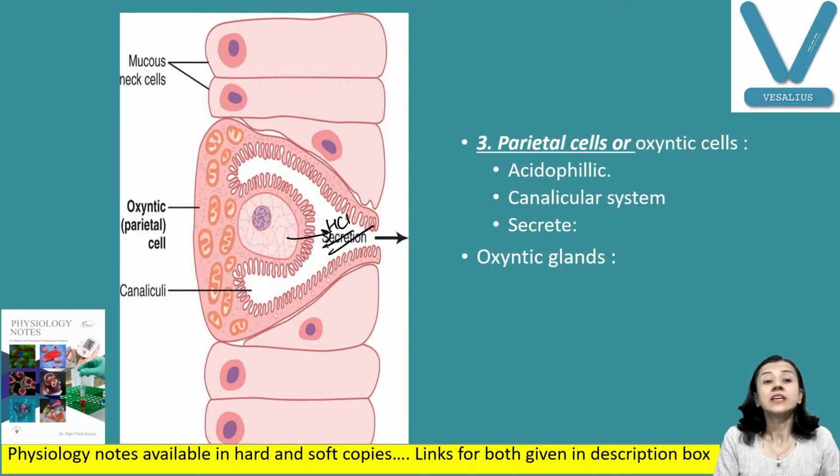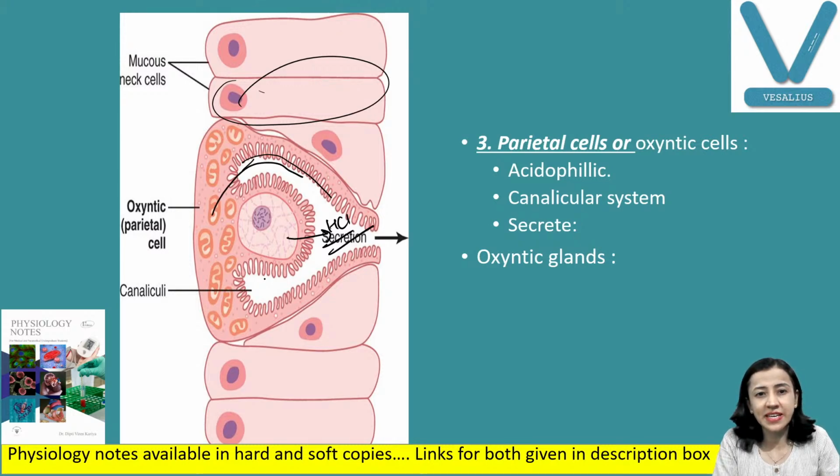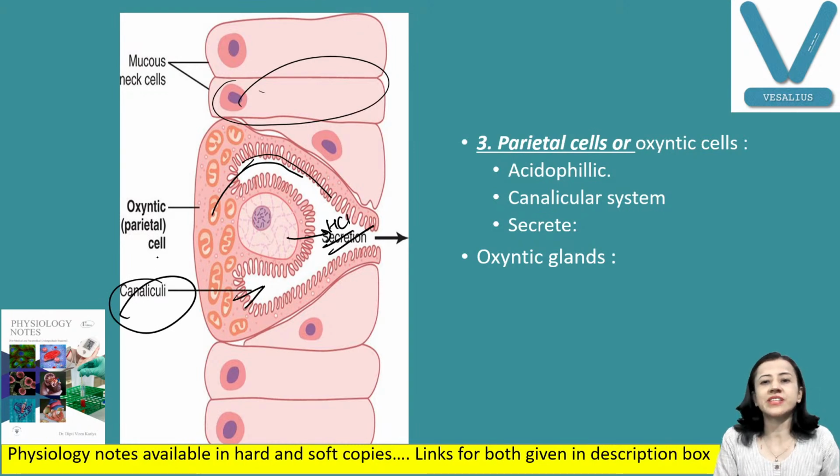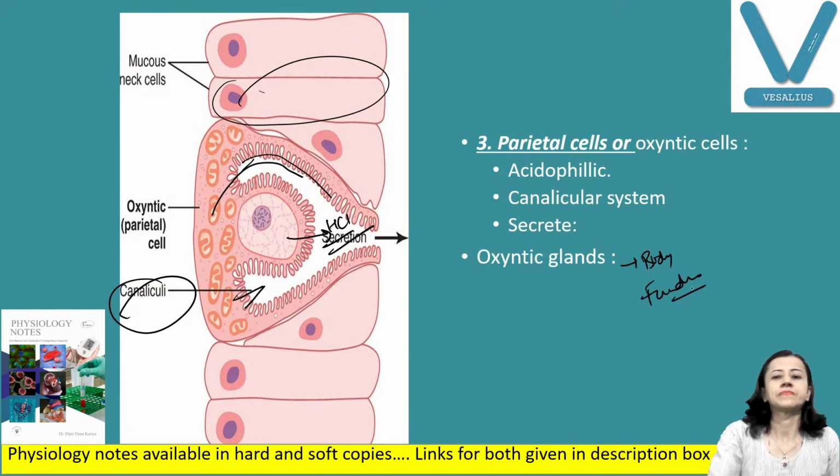Important: they have canaliculi, which means they are not like other cells. They have a canal inside, and in this canaliculi, HCl is secreted. And oxyntic glands, as we have discussed, are located in the body part and in the fundus part of the stomach.